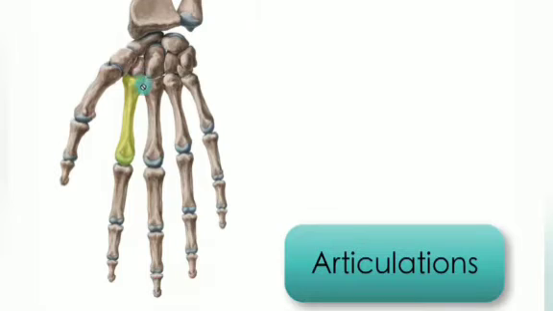Moving a little more medially, the base of the second metacarpal articulates slightly with the base of the third metacarpal. In the distal portion, the head of the second metacarpal articulates with the second proximal phalanx.